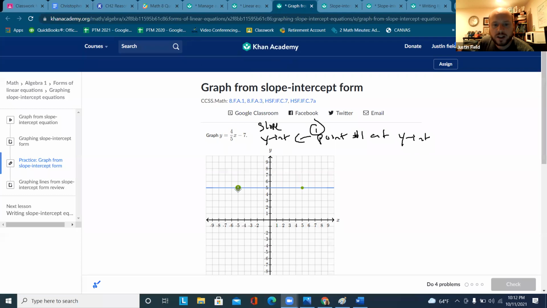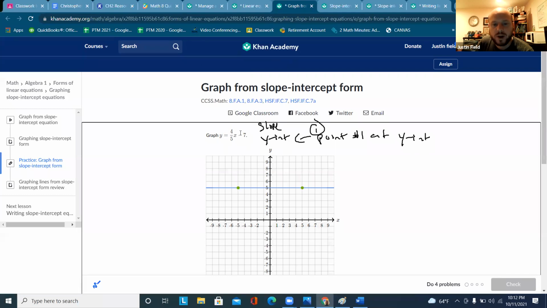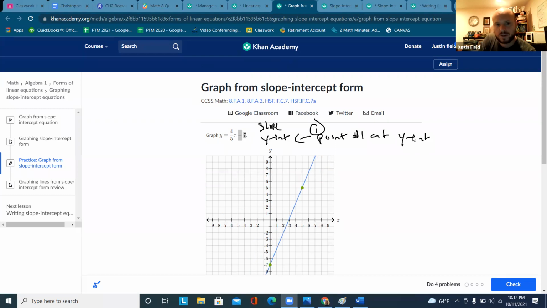So I'm going to take this green dot, and what is my y-intercept? It's -7. So I'm going to put a point way down here at -7. So I'm just going to write that the y-intercept is -7 in this case.